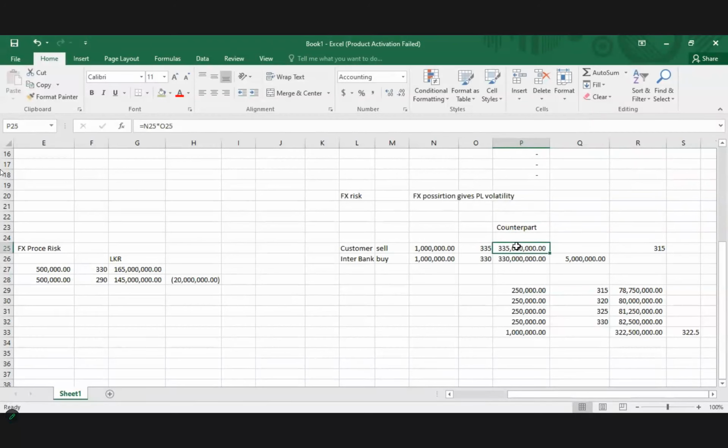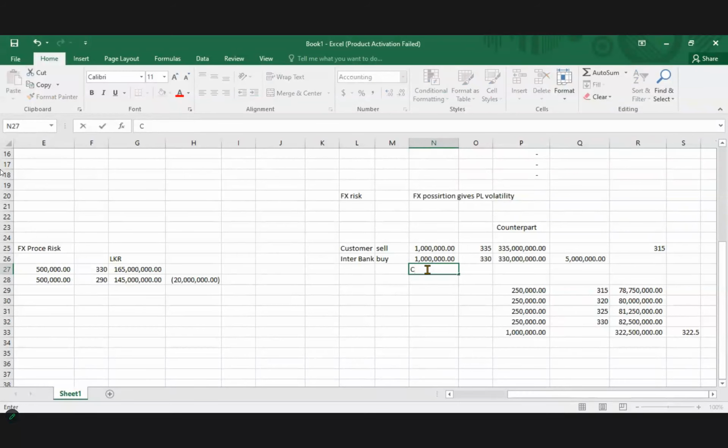Counterpart also has to do an action here. What is that action? When I sell to the customer, the customer has to give me 335 million rupees. When I give, now here the counterpart is this chap. Because here I give 330 million rupees, I have to get $1 million from the counterpart.